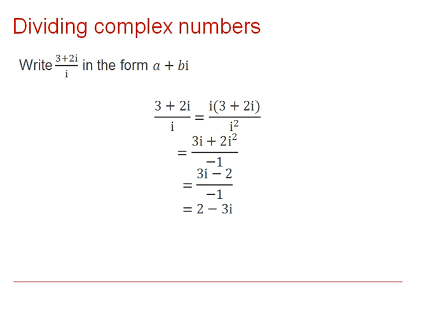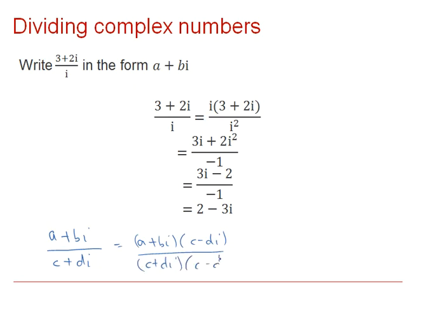Here we've used the idea of writing something as a fraction and it also representing a division as the same thing. So in general then, if we have a plus bi divided by c plus di, another complex number, the way to deal with that is to multiply top and bottom by the complex conjugate of the denominator, realizing that then that denominator will always end up being a real number.